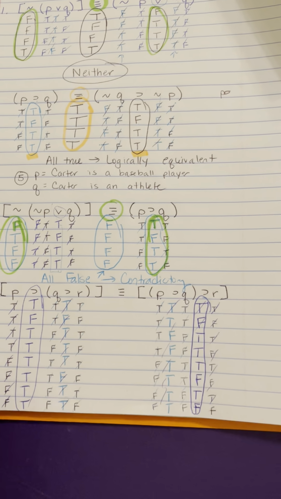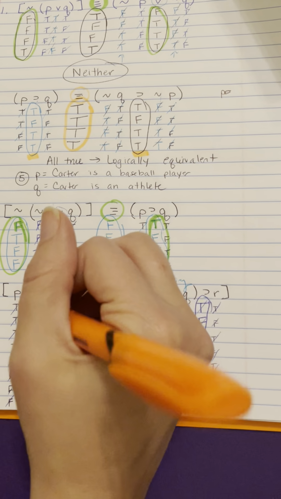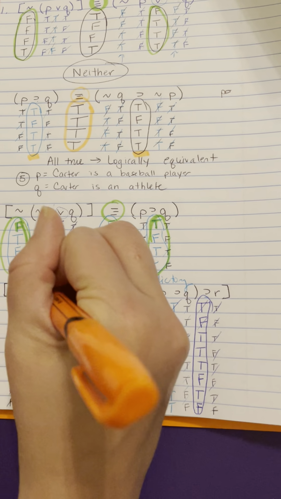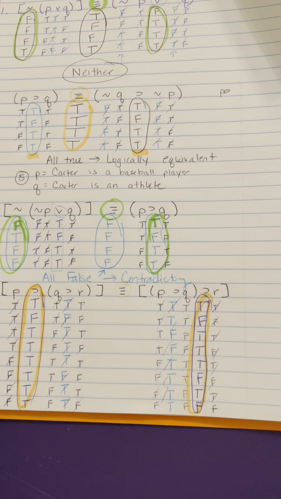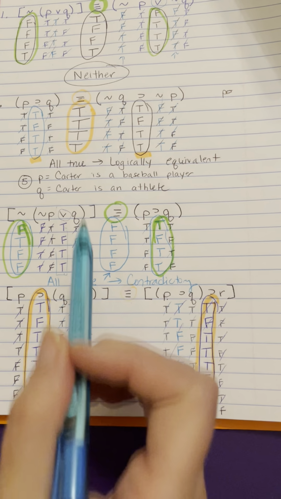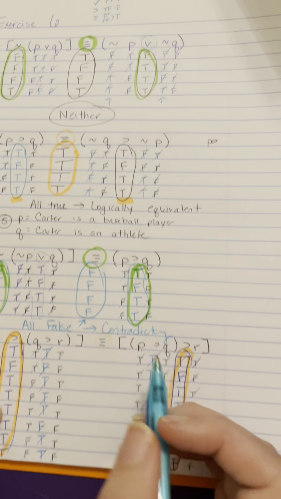So now on our biconditional, all right, we're comparing this column and this column. Okay. So on a biconditional, we're looking for identical values, true trues or false falses. Okay.